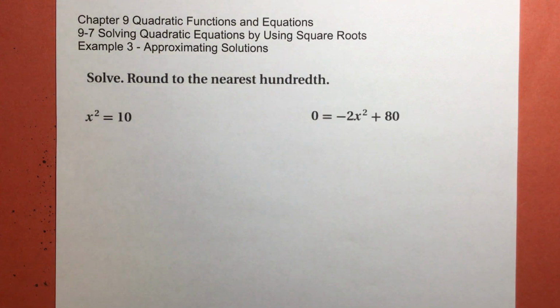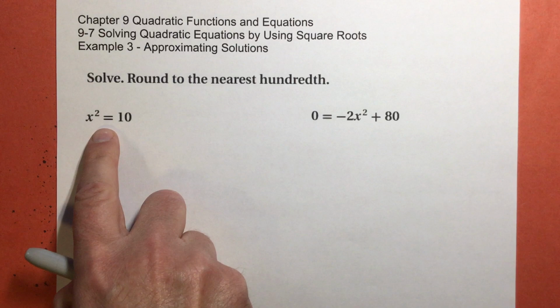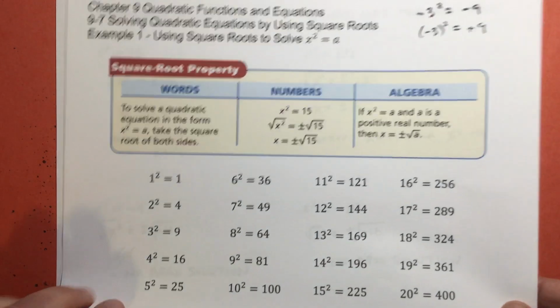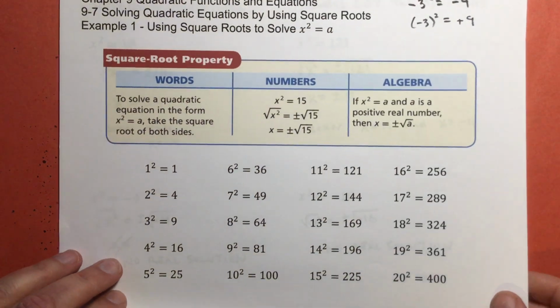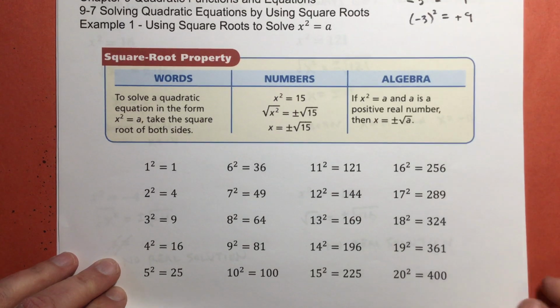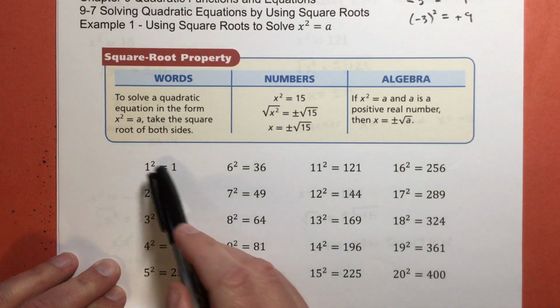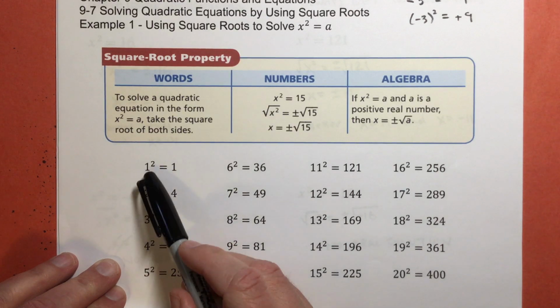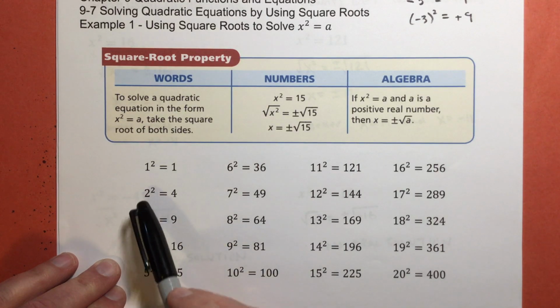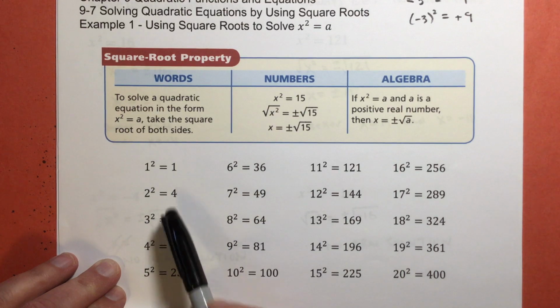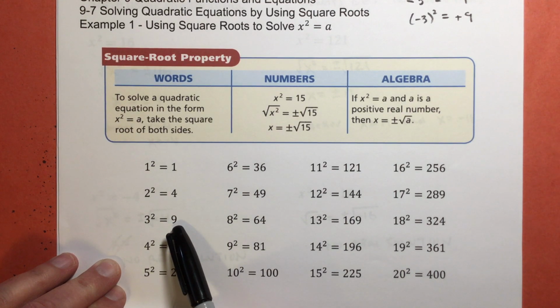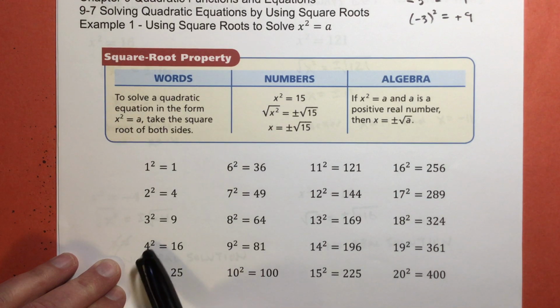The first equation says x to the second power equals 10. Let's go back to this page that I showed you in the first video. So here's 1 to the second power, 2 to the second power, 3 to the second power, etc. So 1 to the second power equals 1. I'm looking for something squared equals 10. That's not it. 2 to the second power equals 4. 4 is not 10. 3 to the second power equals 9. 9 is not 10, but it's close. 4 to the second power equals 16.